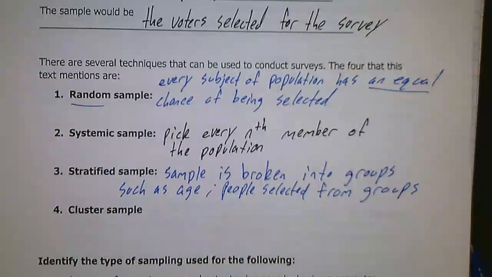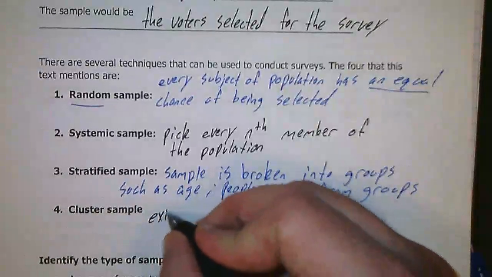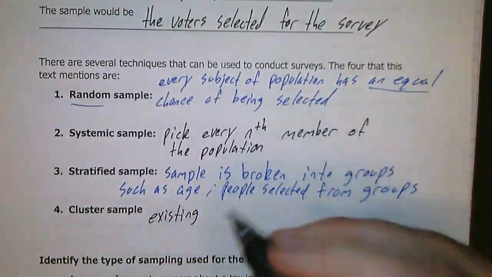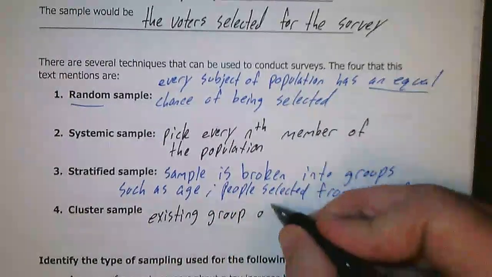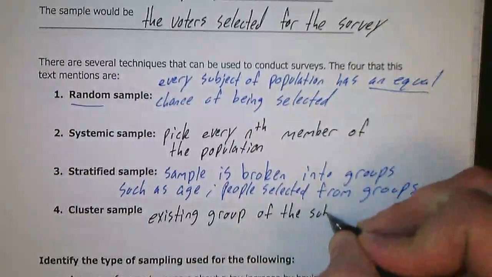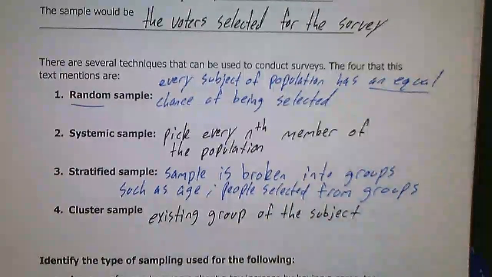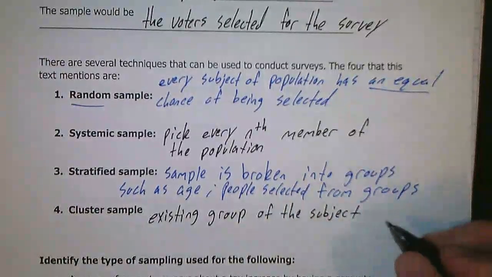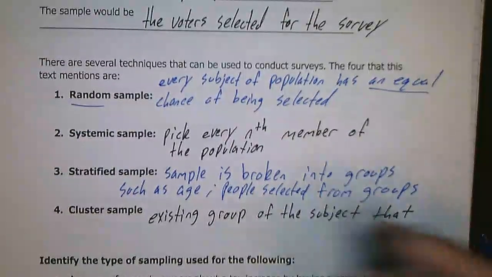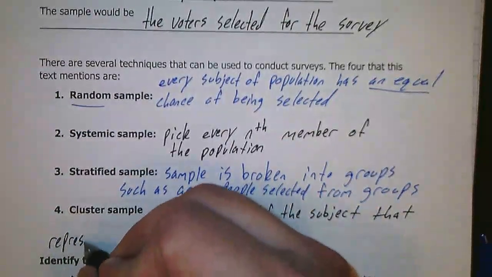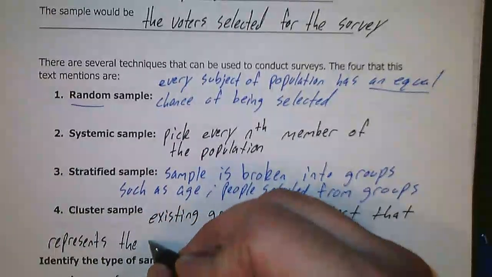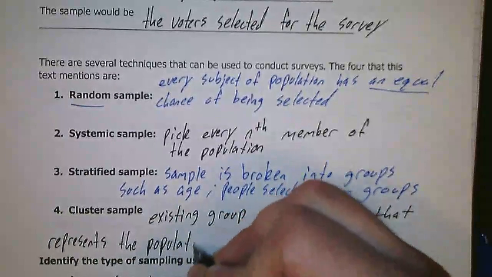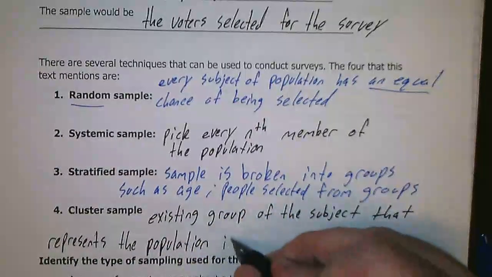And then finally, a cluster sample, in which an existing group of the subject that represents the population is used for the sample.